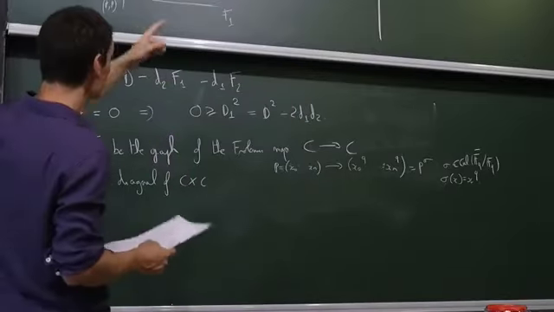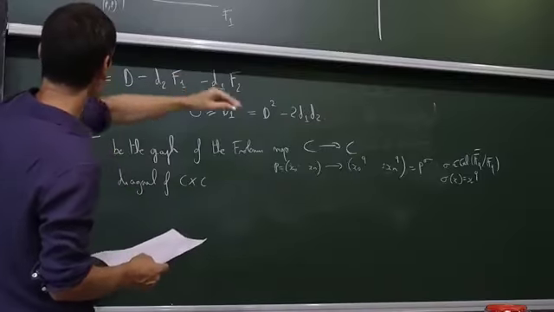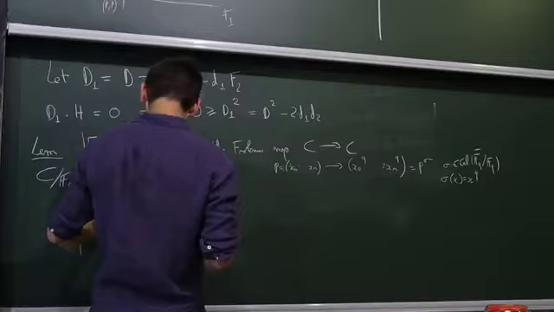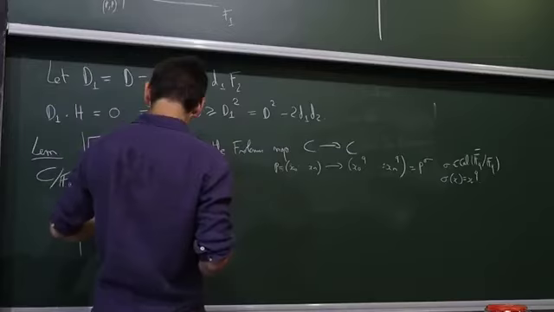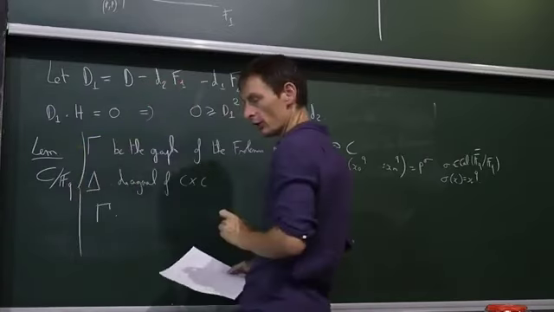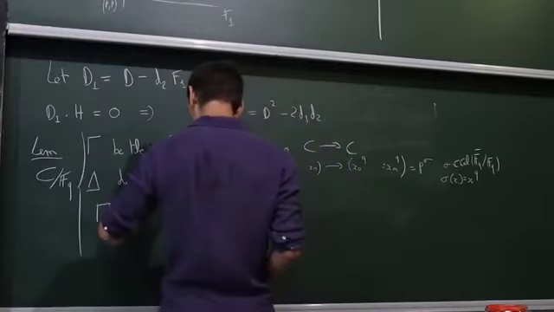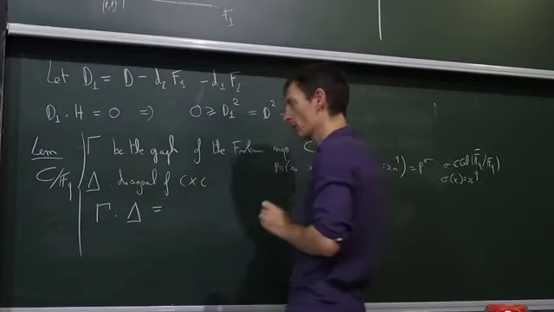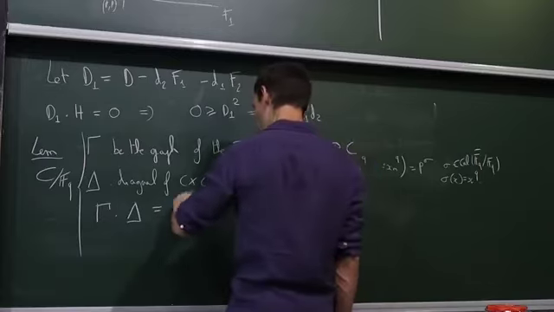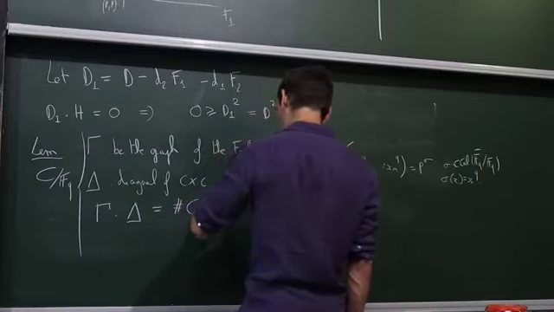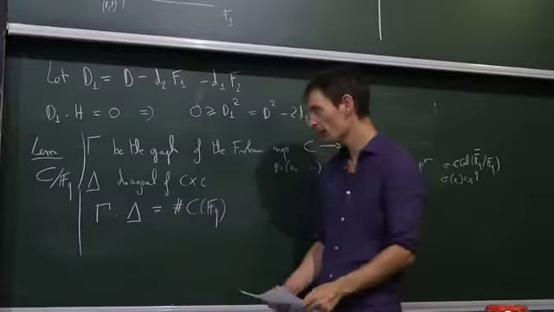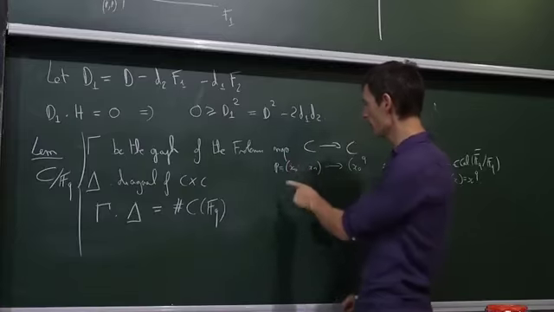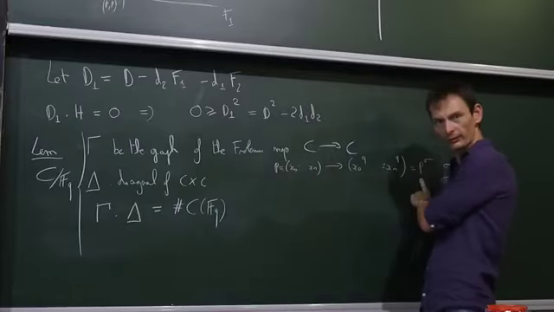So F1 and F2 are still going to be a first copy and a second copy of C. First, if I compute the intersection of the graph of the Frobenius with the diagonal, this is what we are looking for, meaning the number of points on C over FQ. Why so? Look at what it means to be on the graph: a point P sigma.